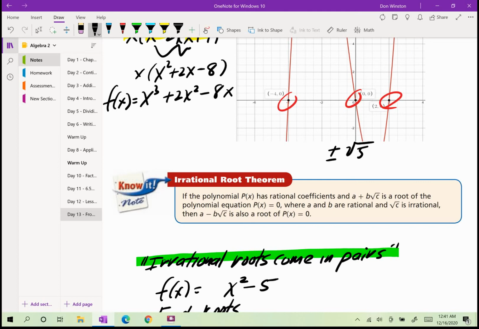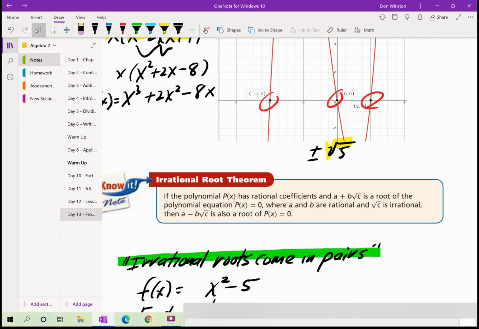And so what the irrational root theorem says is this. When you have irrational roots, you always have a plus or minus, or we say that irrational roots come in pairs.